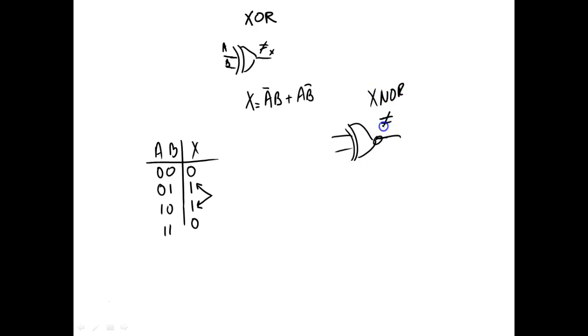So this shows what we have when the inputs are not equal. So this says I get a low if they're not equal, right? You understand? So this would give us a 1, right?